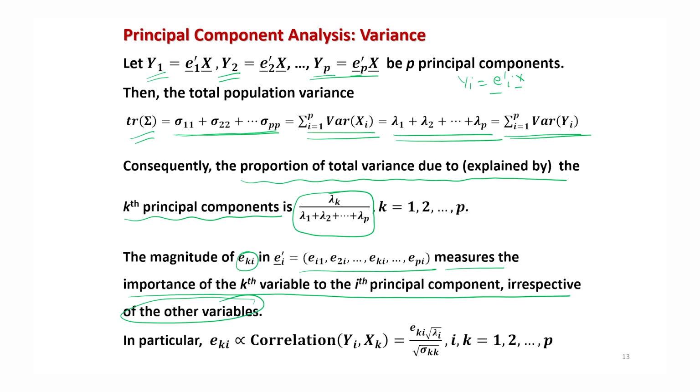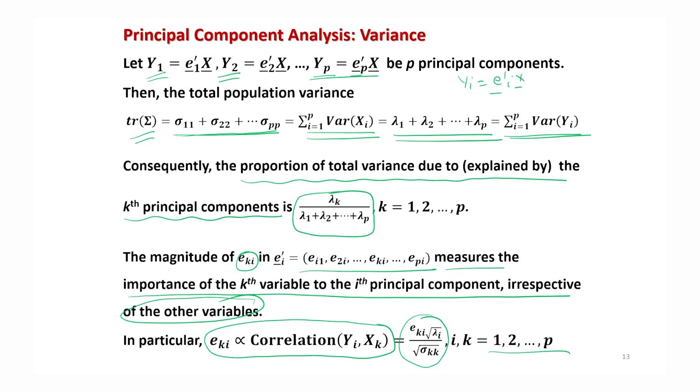In particular, this eki is proportional to the correlation between yi and xk, and it can be shown that this is equal to eki times square root of lambda i divided by square root of sigma kk, where i and k go from 1 to p.